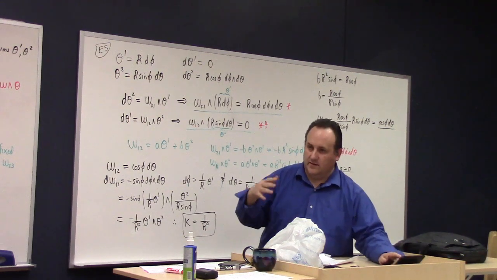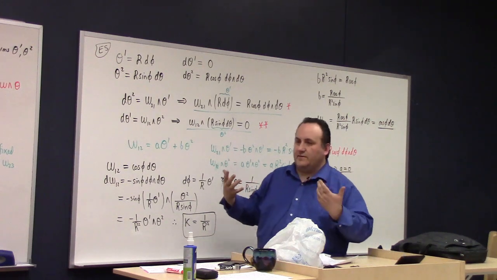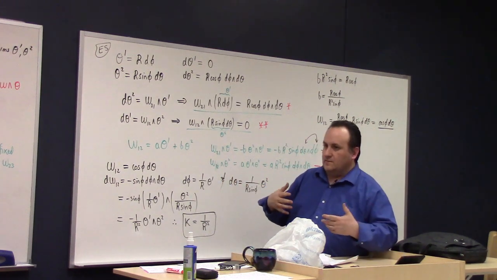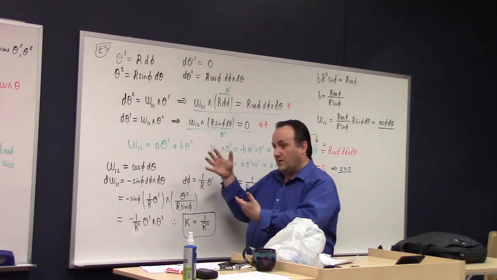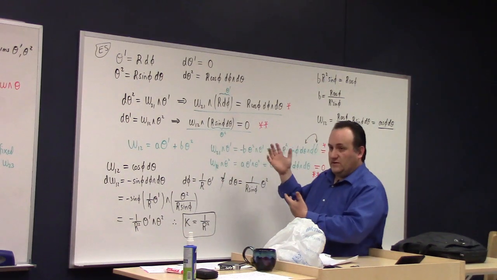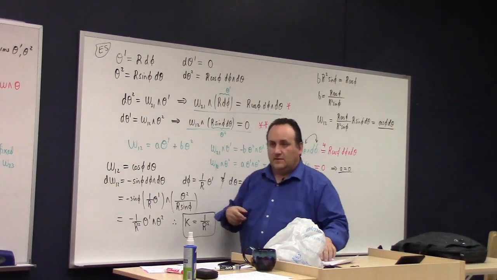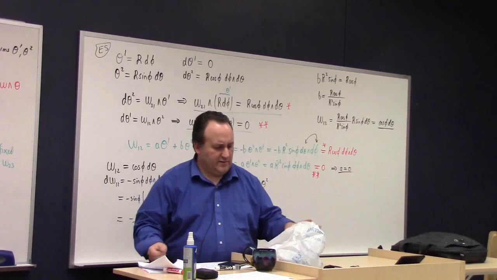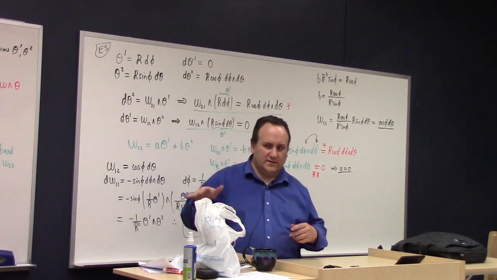Because the next part, like this part, I wanted to actually calculate with you because I wanted you to see that we can actually go through these calculations. And this is a method of calculation to work out connection coefficients. We can use the wedge product in this kind of sneaky sideways stuff. This is the kind of calculation that you need to do for that Cartan lemma problem, right?